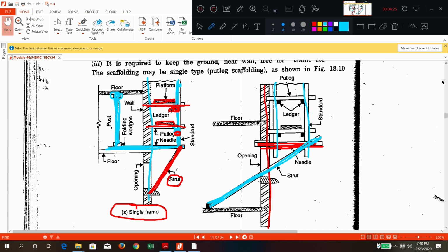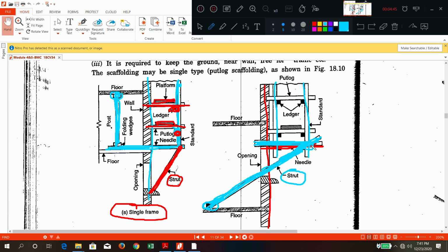Once the needle beam is inserted, it is supported here and here, and it will act as one strut. So this is a needle beam. This inclined member, here it is written, is a strut.